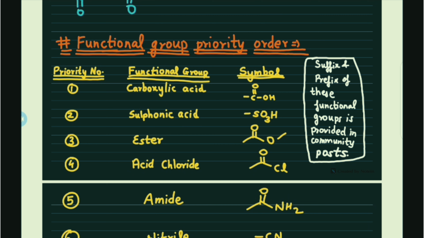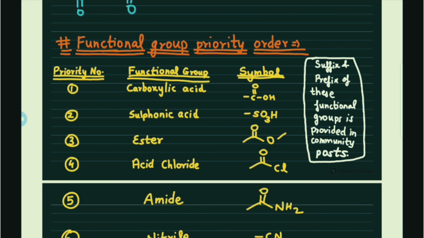Also, one more thing, these compounds, if they are used as the main functional group of the carbon chain, or they are used as a substituent group, they have different names. Like the ketone group has its suffix as -one if it's part of the main parent carbon chain or the main functional group of the main carbon chain.